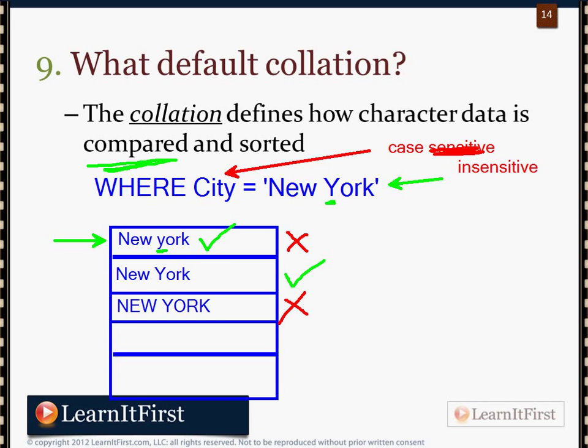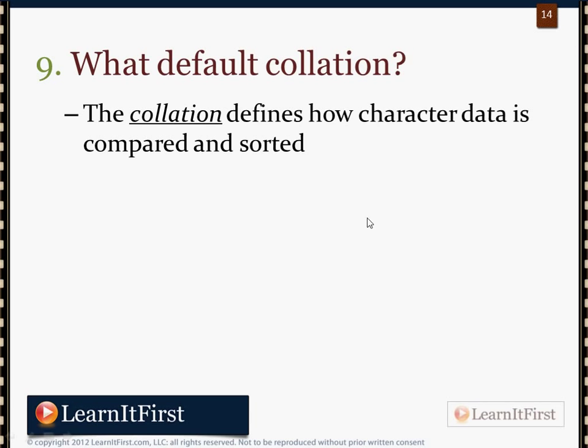There are other things like accents. For example, we'll do this again. Let's say where city equals, we'll just say angstrom.